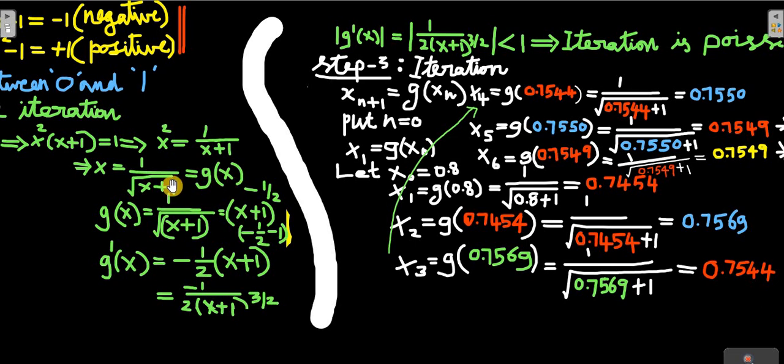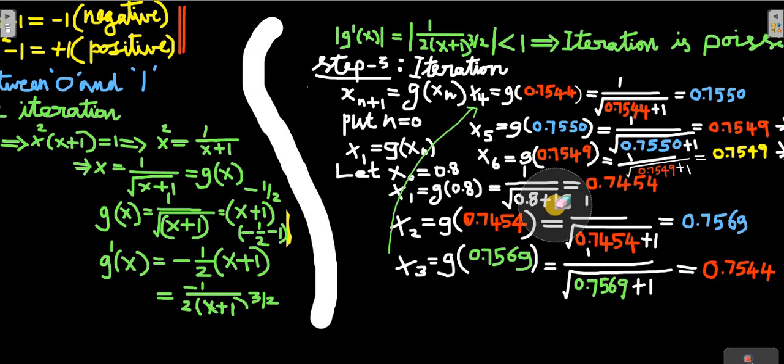So g of 0.8 will be 1 divided by square root of 0.8 plus 1.